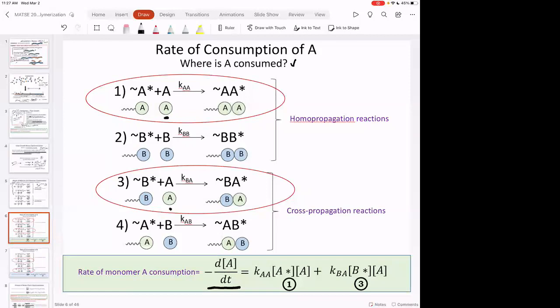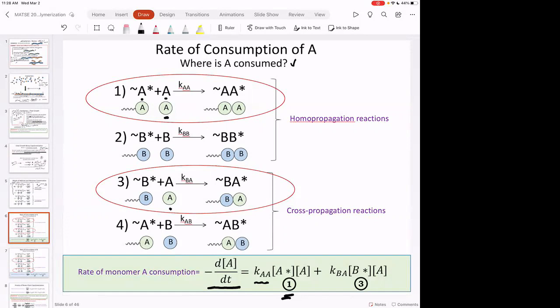And so we have a rate constant KAA. This is for reaction 1. And we multiply it times the concentration of the reactants, right? This is just a generic rate expression, KAA times the concentration of active center A times the concentration of A. We've done that before. You can just write that down.